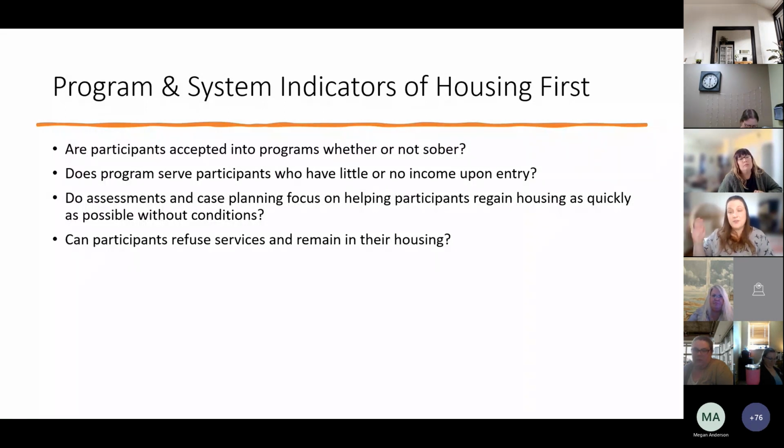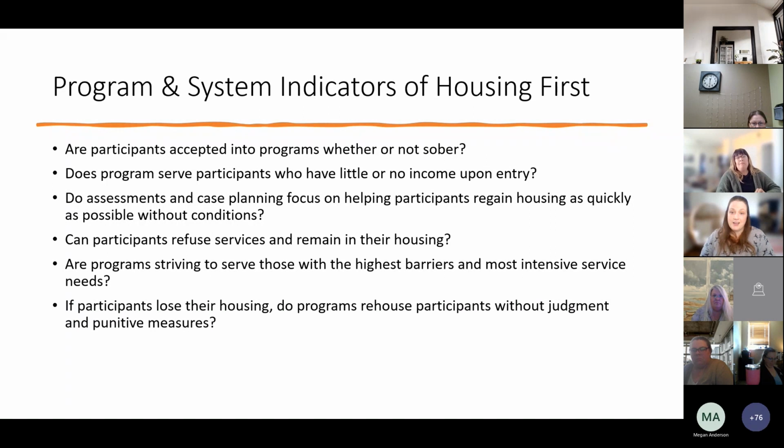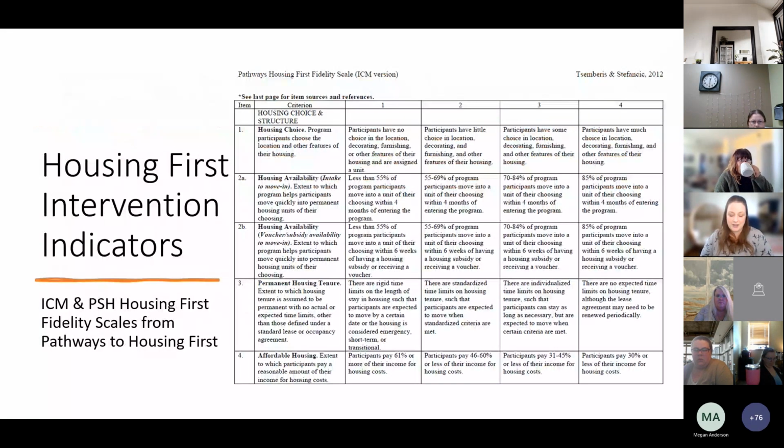Can participants refuse services and stay in their housing? Can we serve those with the highest barriers and the most intensive service needs, because they're the most likely to die on the street first? And ultimately, if participants lose their housing, do we rehouse them without judgment or punitive measures? These are good system indicators for Housing First.